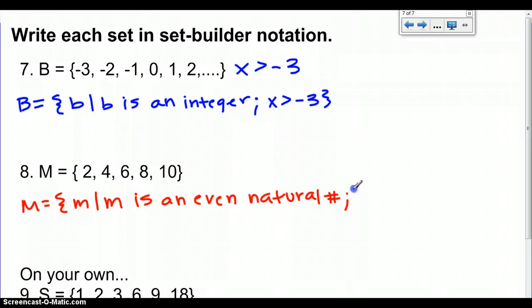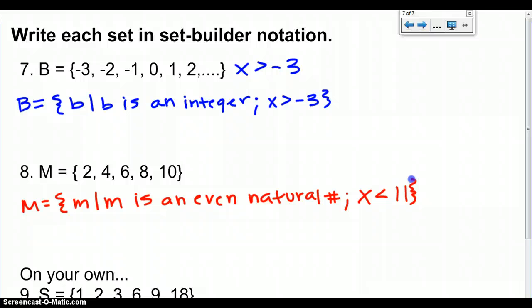And then we have to write our inequality, and we have x is less than 11. Or you can go x is less than or equal to 10. Either way, but I would prefer this one, so that's what I'm going to write.